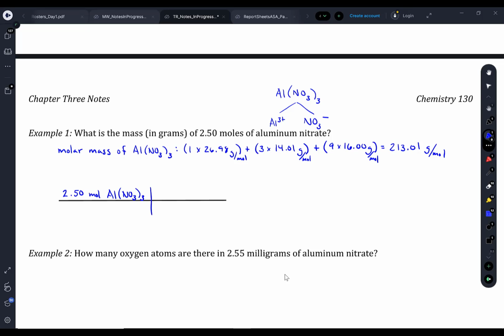We need to cancel moles of aluminum nitrate. So this is saying 1 mole of aluminum nitrate has a mass of 213.01 grams. 1 mole. And I'm coming up with 533 in the calculator. Grams.